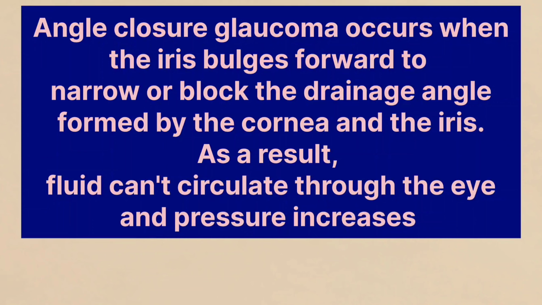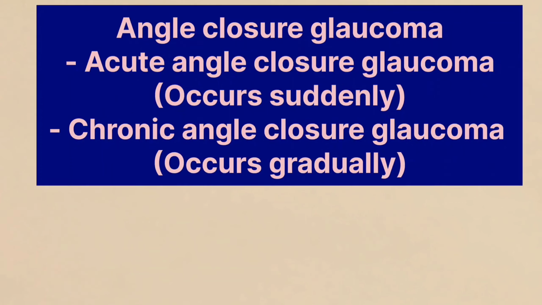Some people have narrow drainage angles, putting them at increased risk of angle closure glaucoma. Angle closure glaucoma may occur suddenly, which is also known as acute angle closure glaucoma, or gradually, that is chronic angle closure glaucoma. Acute angle closure glaucoma is a medical emergency.